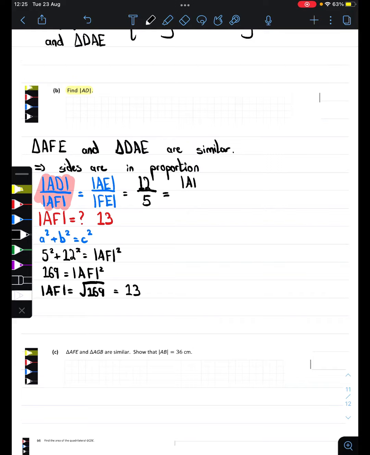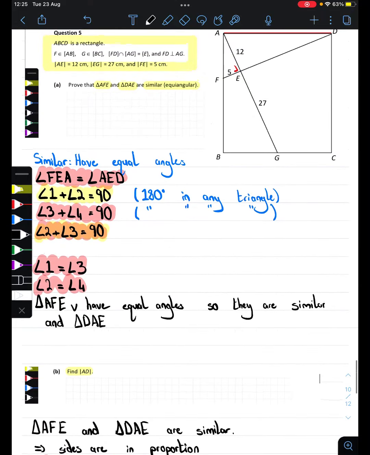So we have the length of AD over the length of AF, which is 13. And this is a fairly easy equation to solve. We just multiply both sides by 13 and we get AD equals 13 by 12 over 5 equals 31.2 centimeters.